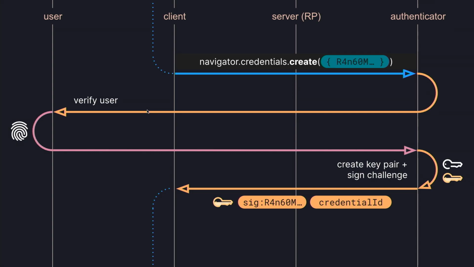And the private key is going to be used to sign the challenge from the relying party. So signing, secret, right? A good way to remember which key does what is that they start with the same letter. The matching public key, a credential ID that identifies this public key uniquely, and the challenge that was signed with the matching private key are then returned to the client.